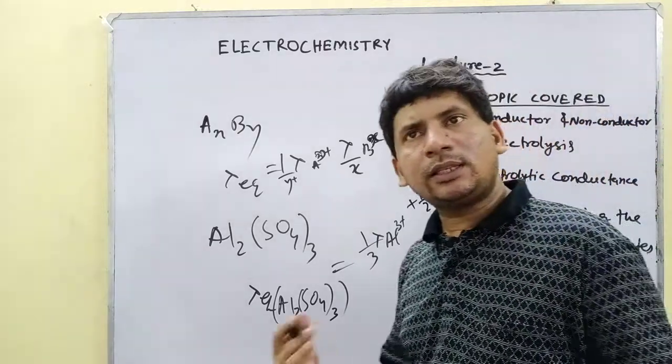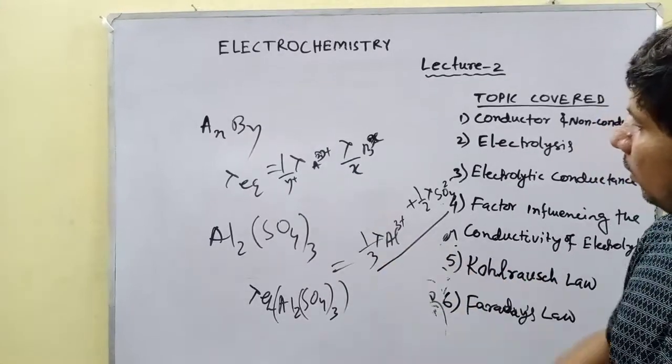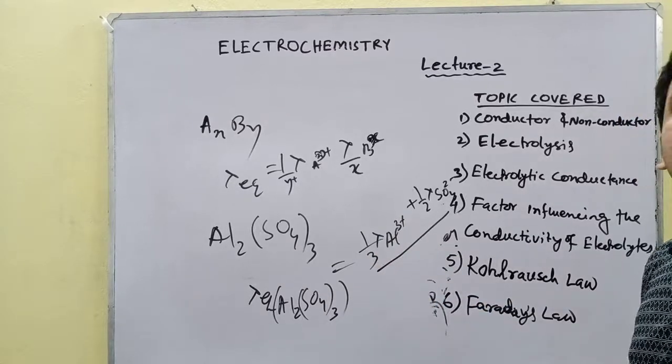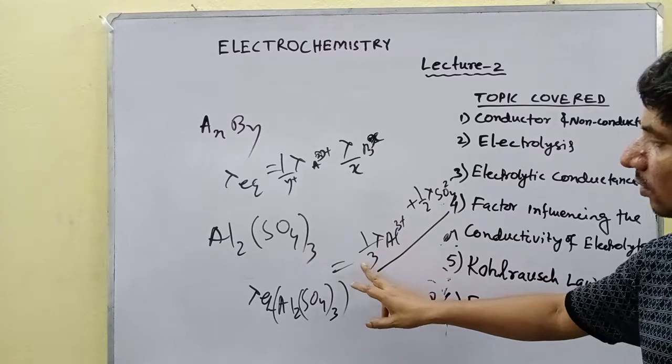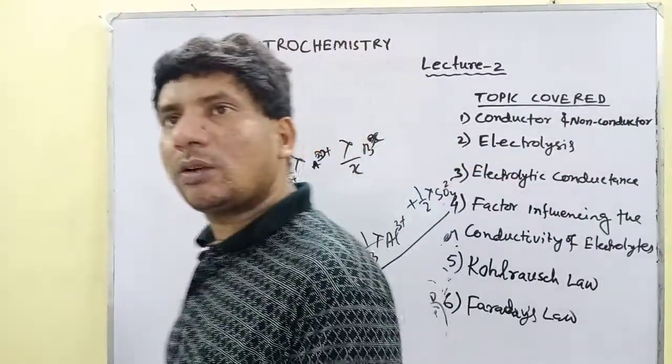Okay, so this is the equation. Clear? We can write it this way: lambda of aluminum 3 plus by 3, the number of charge actually. Okay, so this is Kohlrausch's law.